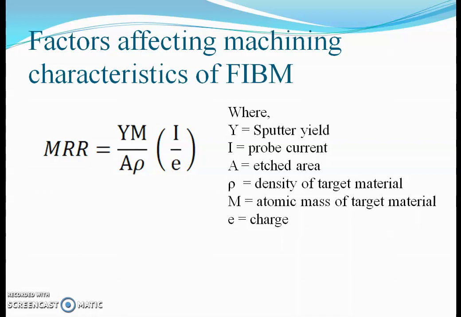It is related as y m upon rho into I by E, where y is sputter yield, I is probe current, A is etched area, rho is the density of the target material, m is the atomic mass of the target material, and E is the charge. Density and etched area directly affect this material removal rate. Those are the factors affecting the material removal rate.